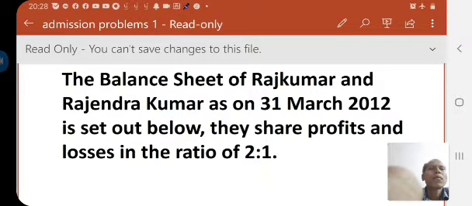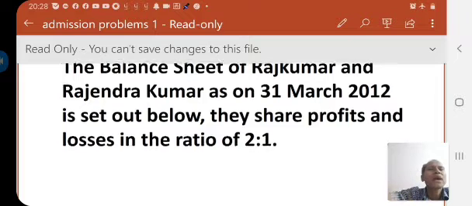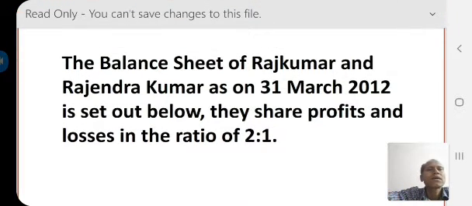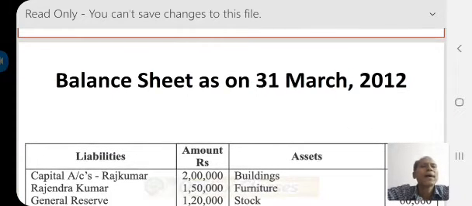The balance sheet is as on 31st March 2012 and they share the profits and losses in the ratio of 2 is to 1. Now we shall see the balance sheet as on 31st March 2012.